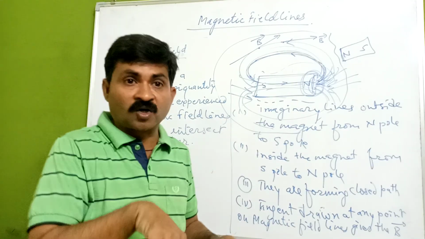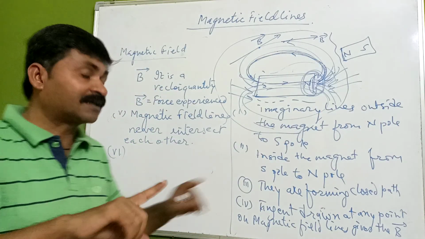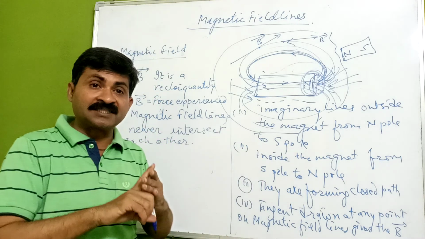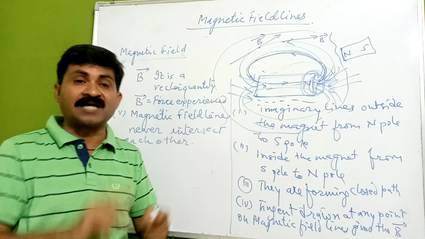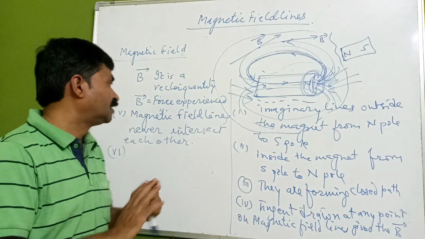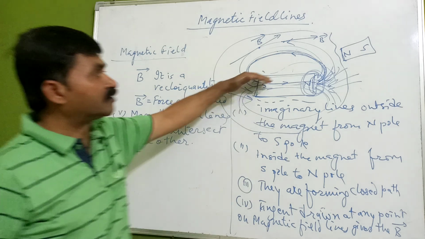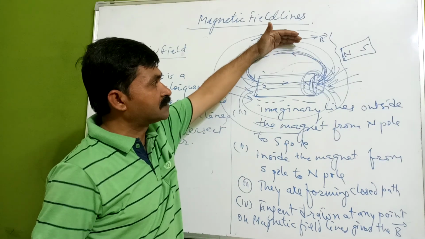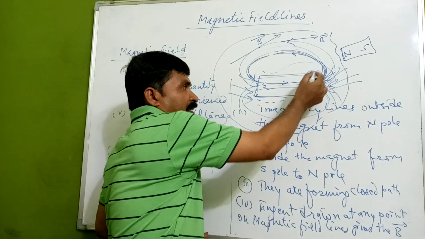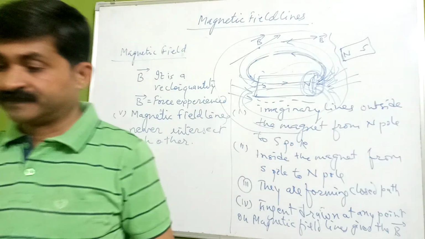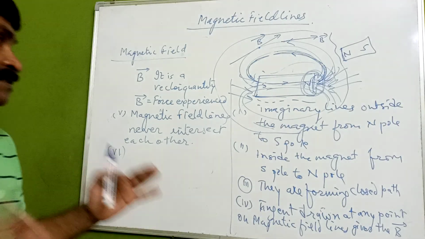They form a closed path. They never cross or intersect each other. The tangent drawn at any point gives the direction of the magnetic field. And finally, lengthwise they expand, and near the ends they contract. Okay. So we are concluding this lecture here.